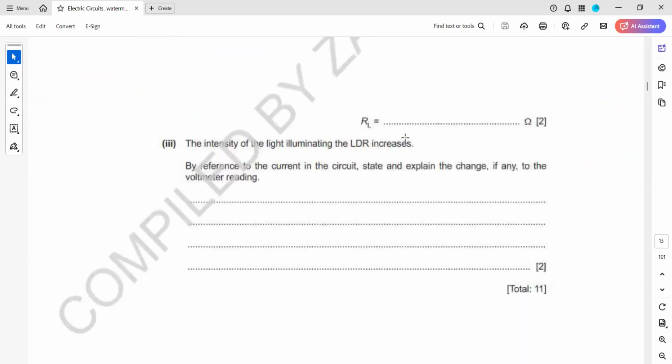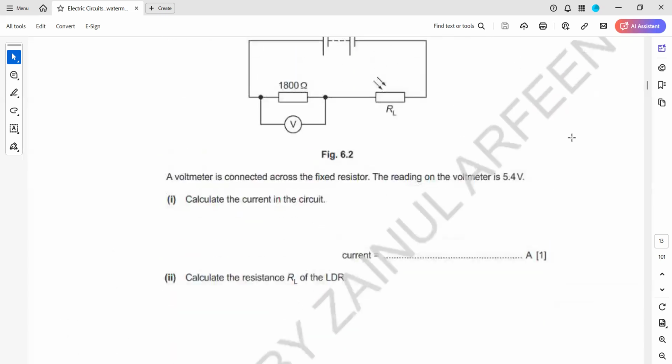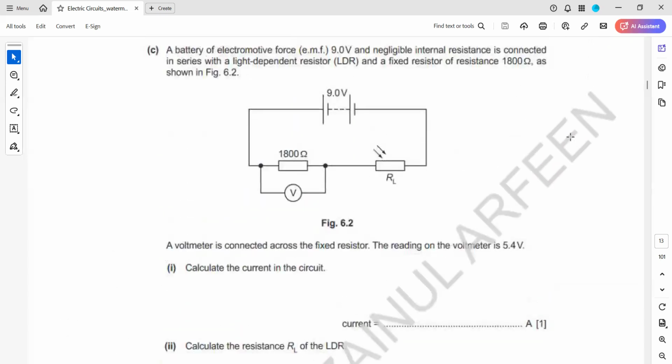The intensity of a light illuminating the LDR increases by reference to the current in the circuit. State and explain the change, if any, on the voltmeter reading. So if we change the light intensity, if we have more light, what happens to the resistance of the LDR? The resistance of the LDR decreases.